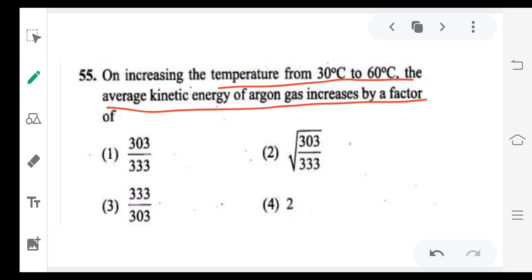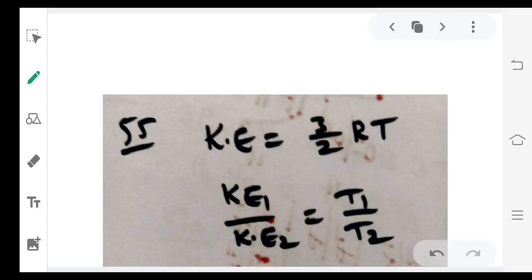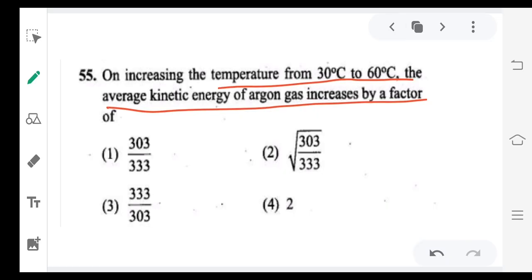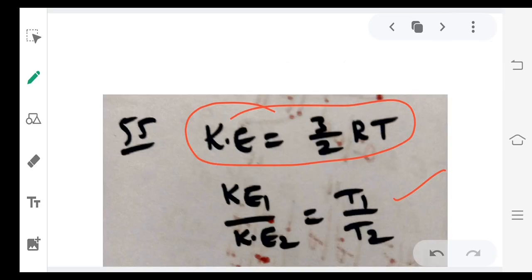You know kinetic energy is directly proportional to temperature, so you can write KE1 by KE2 equals T1 by T2. Temperatures are given, T1 and T2. They are asking for the relation between KE1 and KE2. So directly if you substitute temperatures, you will get the answer.